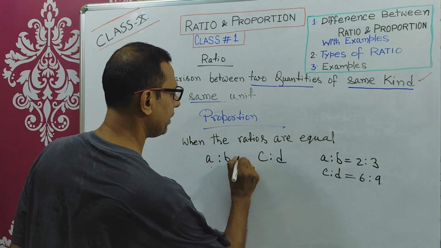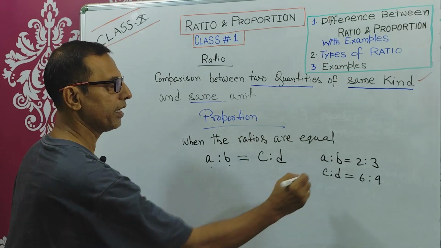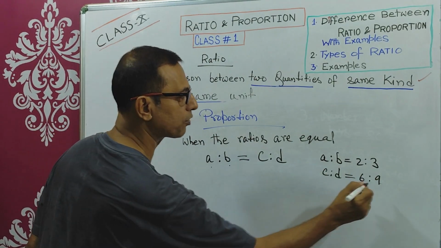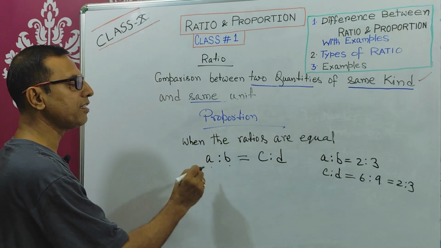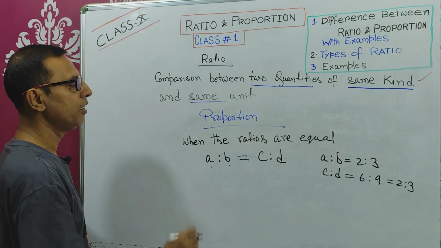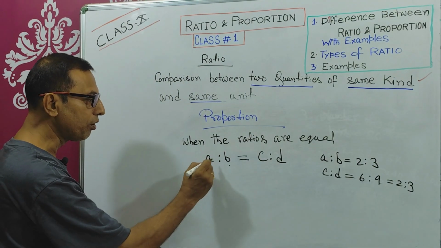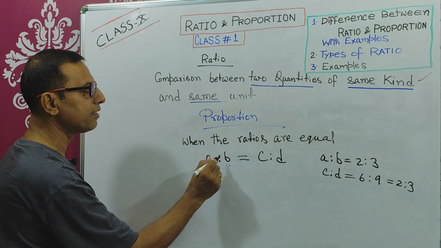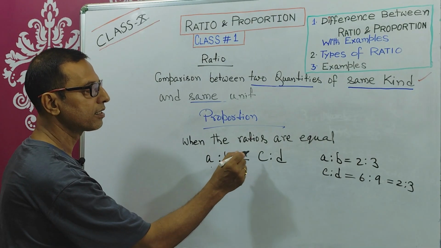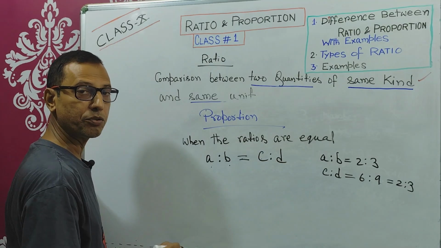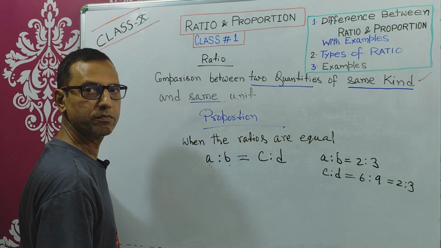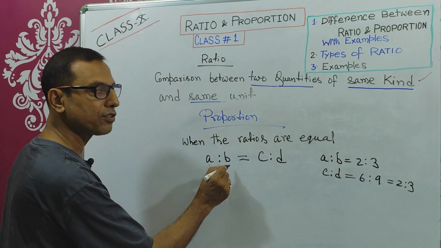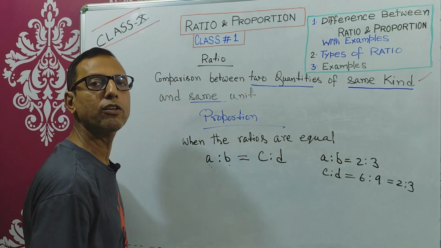That means A is to B equals C is to D, because C is to D, 6 is to 9, means actually it is 2 is to 3. So if A is to B equals C is to D, how will we read out the proportion? A is to B as C is to D. That's how you need to read. So the value of A is to B is equal to the value of C is to D.